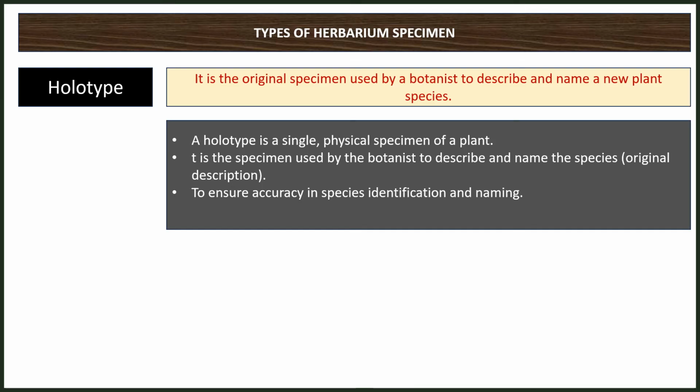The holotype is used by the botanist to describe the plant for its characters. It is also to ensure the accuracy of plant identification and naming. So the holotype is just one plant specimen that is collected by the botanist to describe the new plant species.